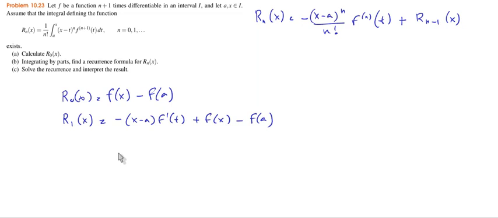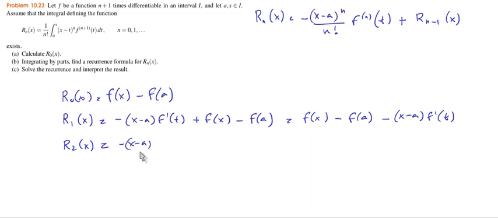R2, let me write this in a different way: f at x minus f at a minus (x minus a) f prime. R2 is going to be minus (x minus a) squared divided by 2 times the second derivative, plus f of x minus f at a minus (x minus a) f prime. Do you see where this is going?